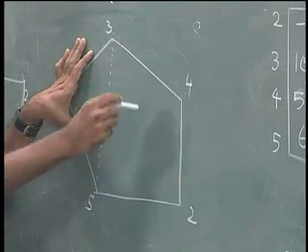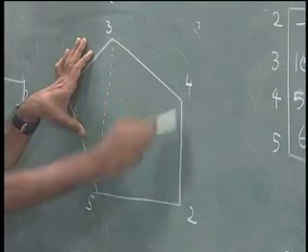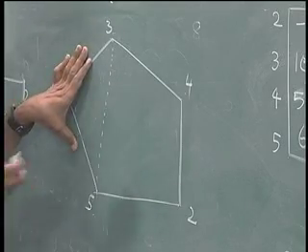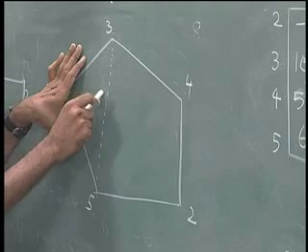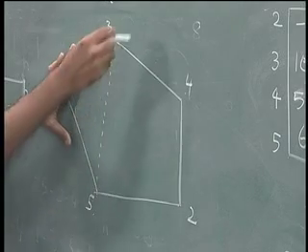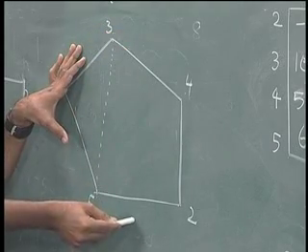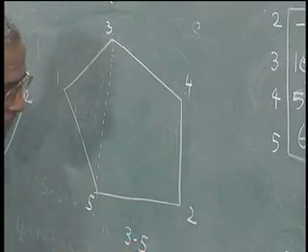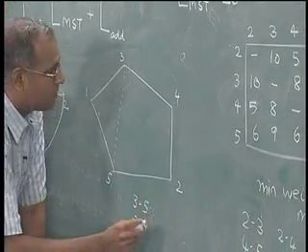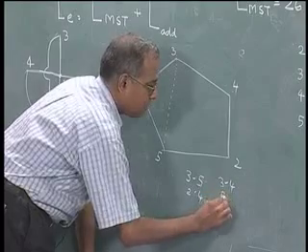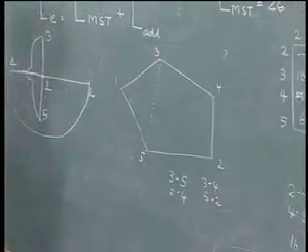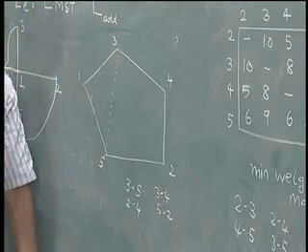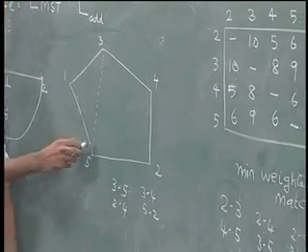If we take a matching out of these 4, there are only 2 possibilities. 3, 5 plus 2, 4 is one matching, and 3, 4 plus 5, 2 is another matching. Now, the minimum of these 2 will have to be less than or equal to half of this.